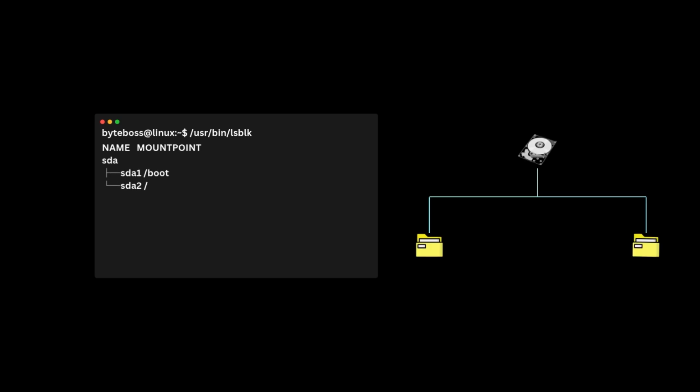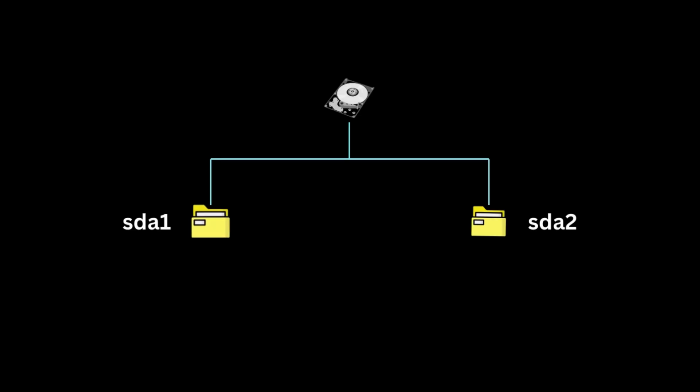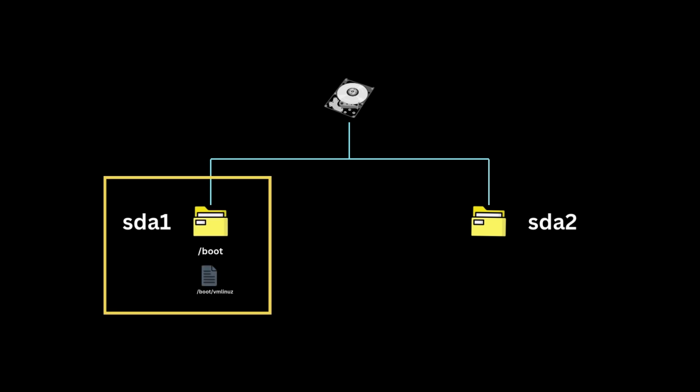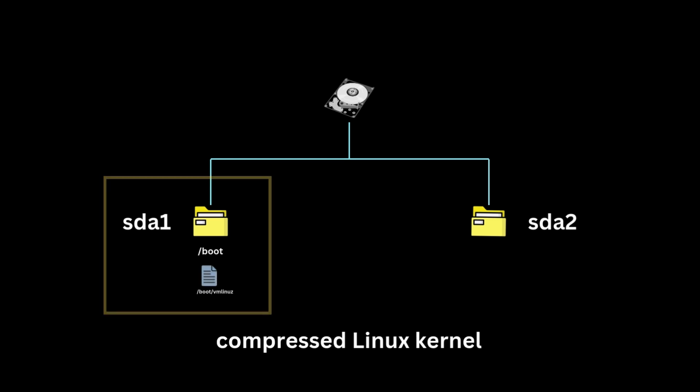Here's what this means. sda is the first storage device. If there were more, they'd be labeled sdb, sdc, and so on. This device has 2 partitions, sda1 and sda2, which are mounted or linked to /boot and /. In the first partition, sda1, under the /boot directory, there's only one file, vmlinux, which is the compressed Linux kernel.